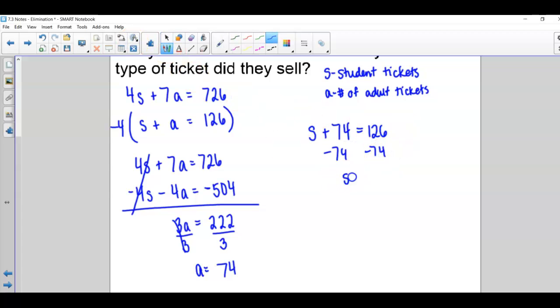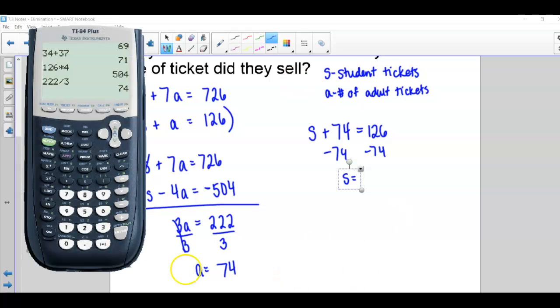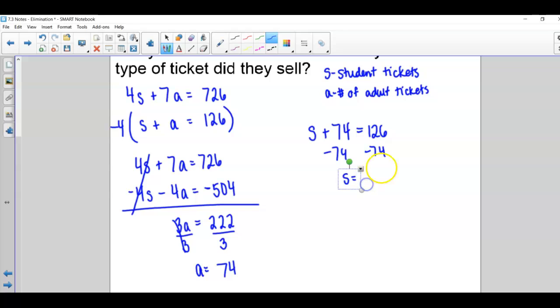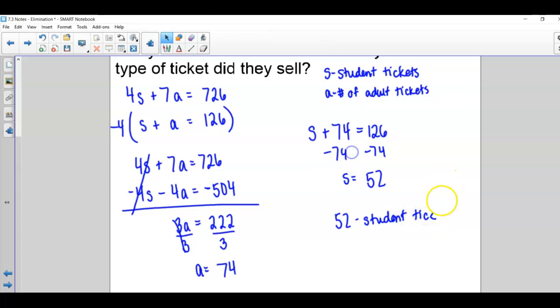So S equals 52. Yes, thank you. I should have done that in my head. Okay, and so we've got 52 student tickets were sold. And 74 adult tickets.